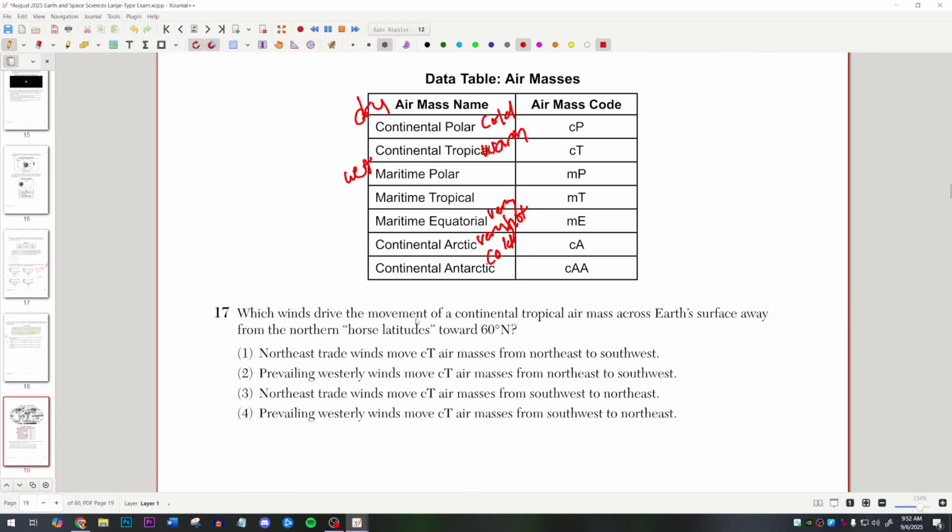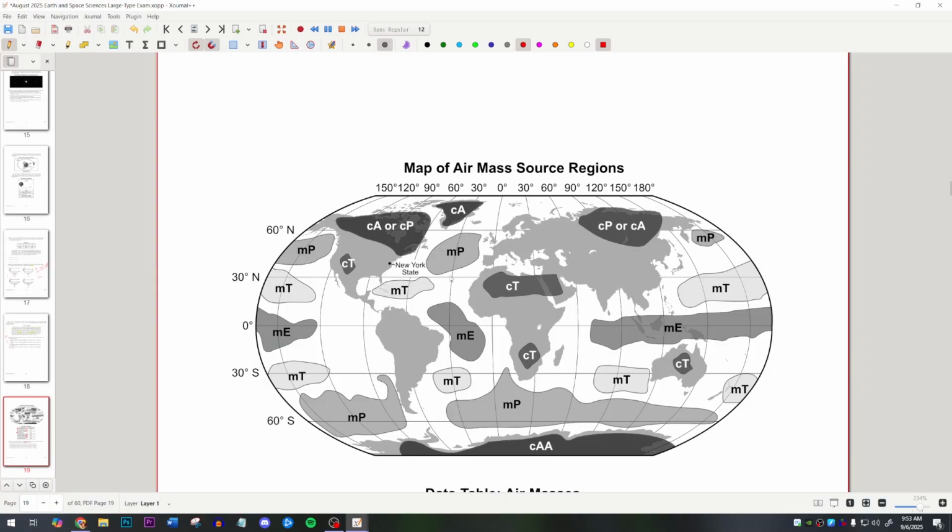Which winds drive the movement of a continental tropical air mass? So we need a continental tropical. So that's dry and hot air across Earth's surface away from the horse latitudes towards 60 north. So that means we're going away from 30 towards 60 north. So we're going that way.